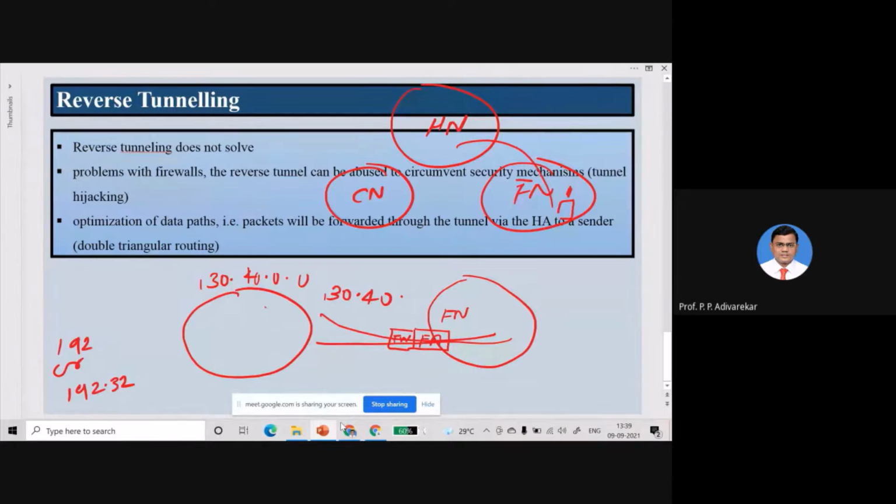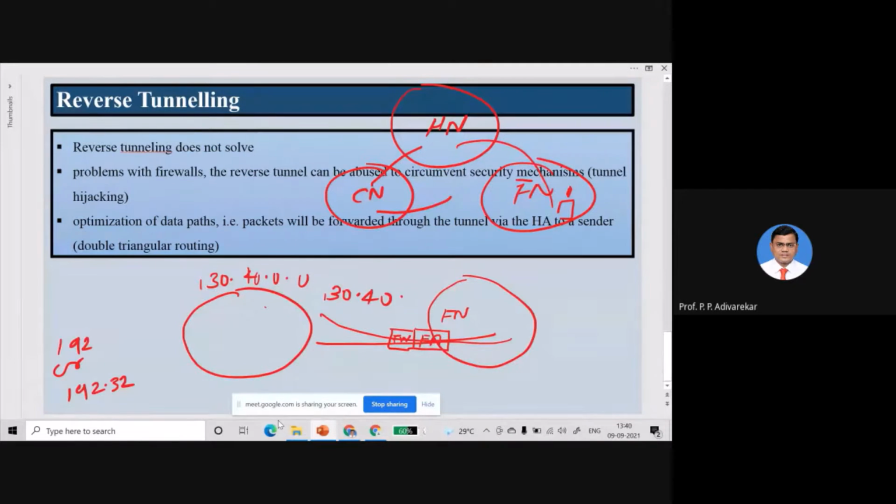Now the correspondent node, when it sends a packet, travels in this direction towards the internet. Now if the mobile node moves to this particular network instead of the other foreign network, the mobile node and the correspondent node are in the same network. So let me clear this. This is the correspondent node, and this is the home network.